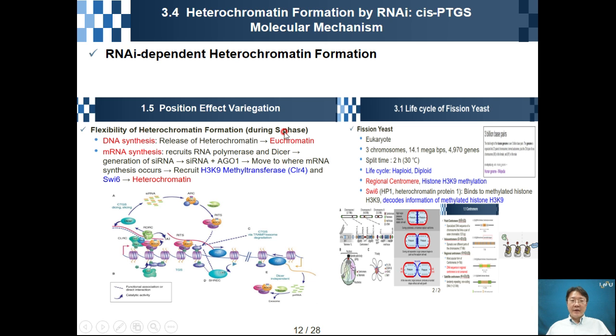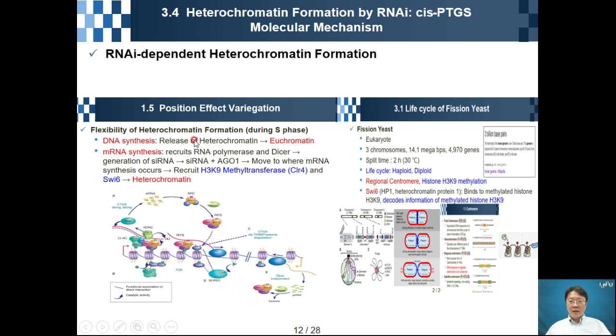During S phase, DNA synthesis happens, and simultaneously the mRNA synthesis happens. DNA synthesis releases heterochromatin, so that it will make the euchromatin. And also mRNA synthesis simultaneously happens. So at that time we briefly learned about the procedure like this.